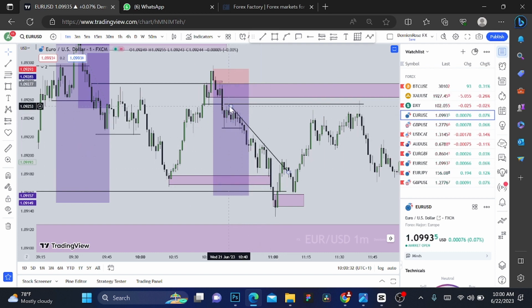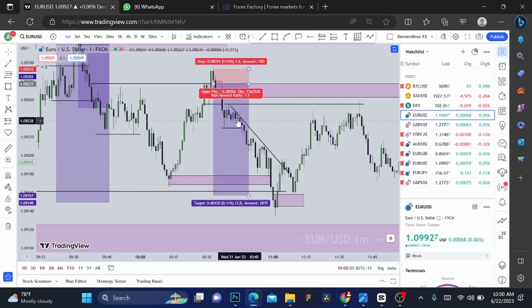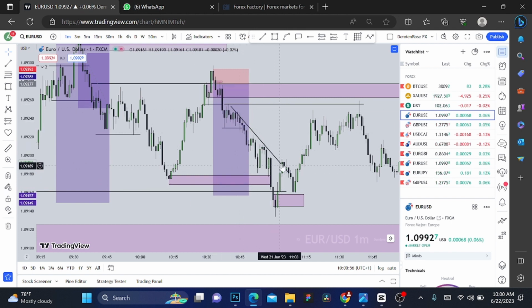So this is more or less like the case two, which I just mentioned. Like when you see a stop on a break of this structure right here, then the market formed a trend line liquidity on the M1, smoked out these people buying here, supply and demand, smart money guys buying this right here, right? So this already formed a build up of liquidity for us, buy side liquidity, in the form of a trend line. And this is more or less like the case two, which I just mentioned.